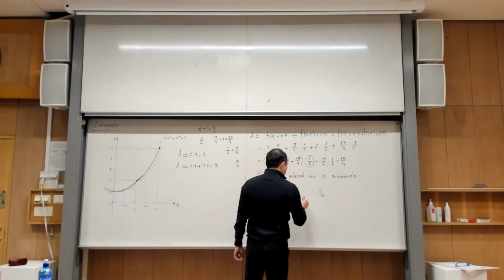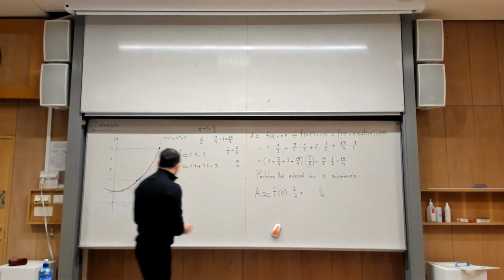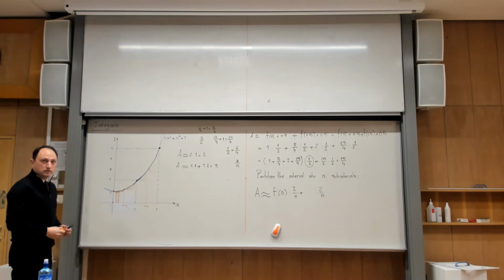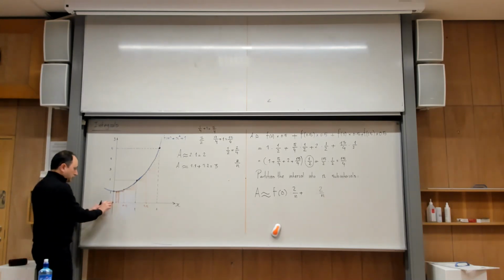But can you tell me what is the height of the next rectangle? The next rectangle, for example, starts from here. You need to find the minimum and then you make this rectangle. F of 2 over n, because this is 0. If I ask you what is the next number here, it is 2 over n.